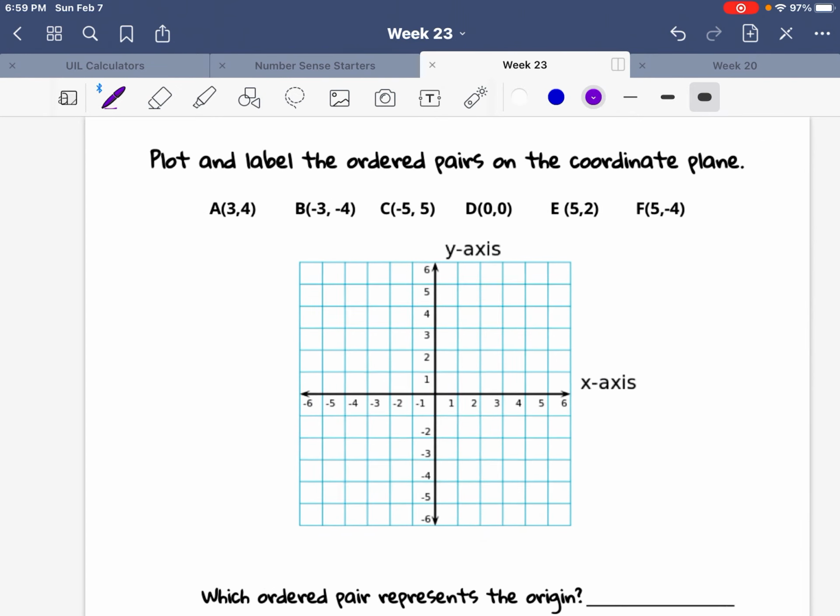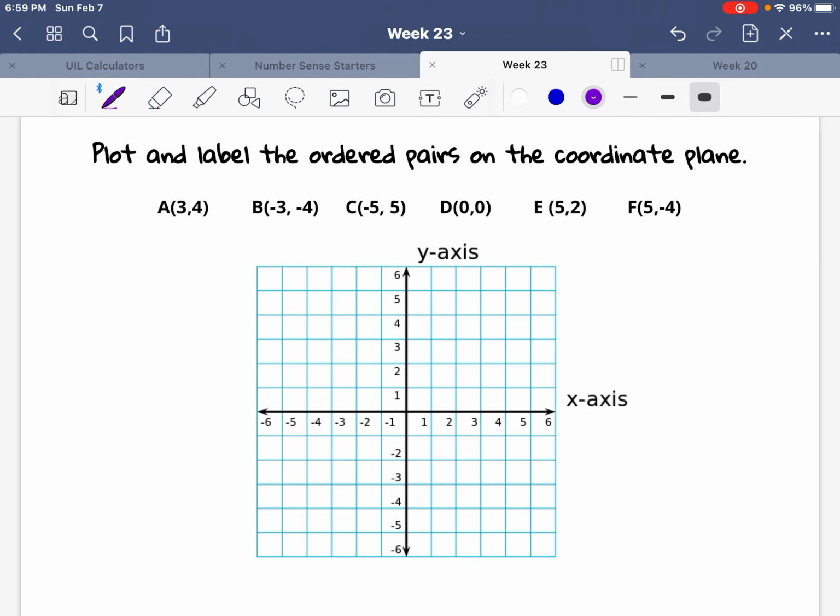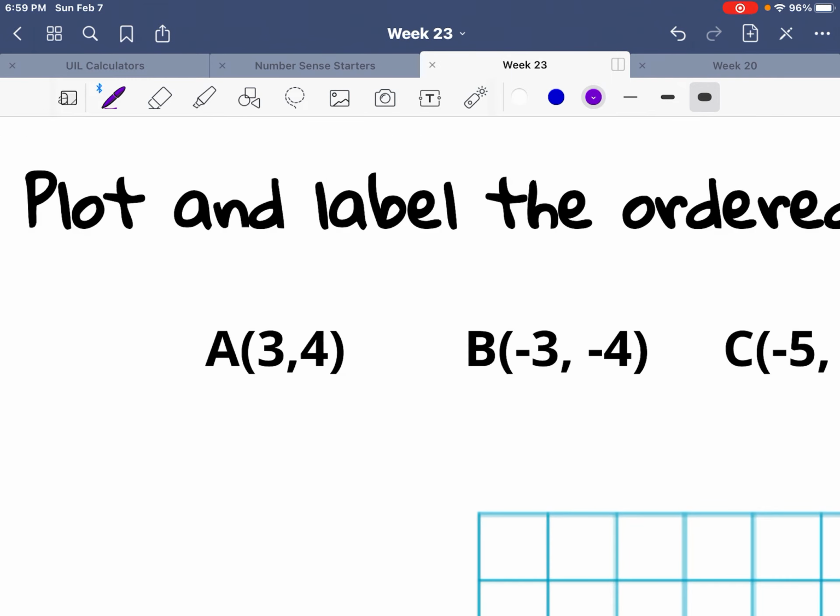Okay, so let's look at the second page of our notes if you have them. It says plot and label the ordered pairs on the coordinate plane. A (3, 4). All right, every ordered pair is written with the x-coordinate first and the y-coordinate second, every single time.